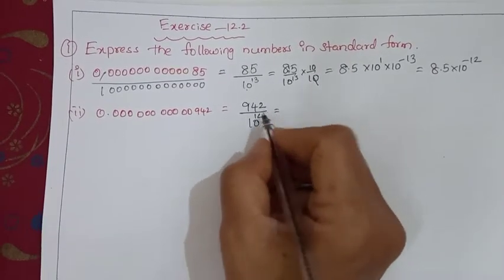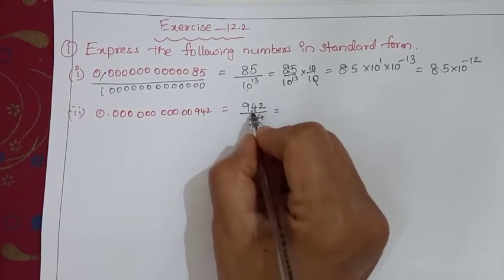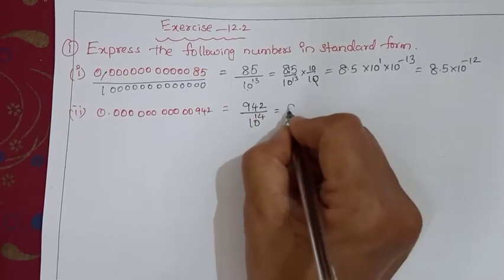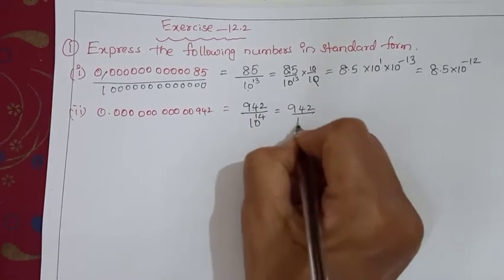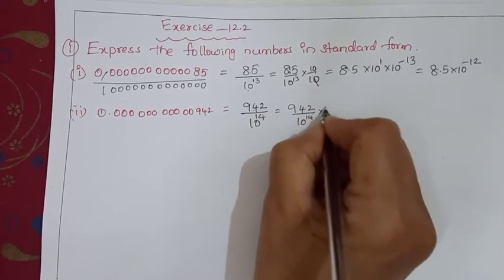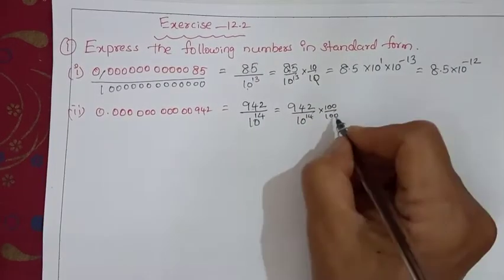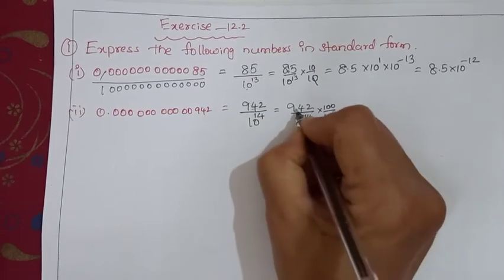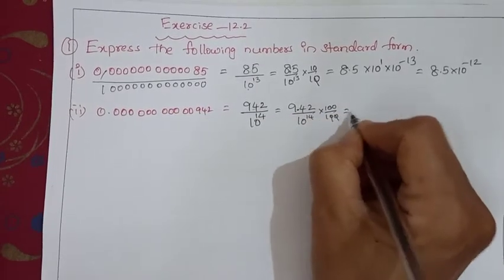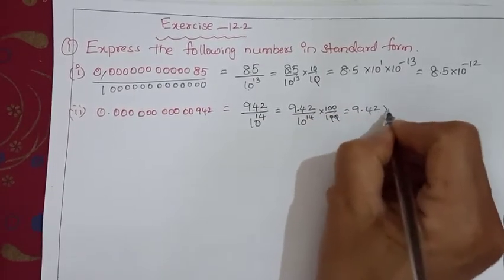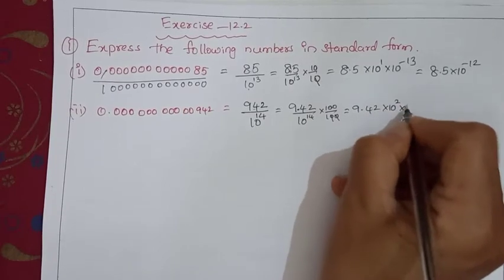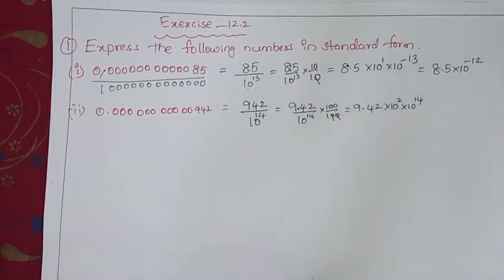Okay. What do I need again? I have to multiply and divide by 100. 942 by 10 to the power of 14 into 100 by 100. Okay, children, I'm just removing these two and placing the decimal here. Now 9.42 into 10 to the power of 2 into 10 to the power of minus 14.